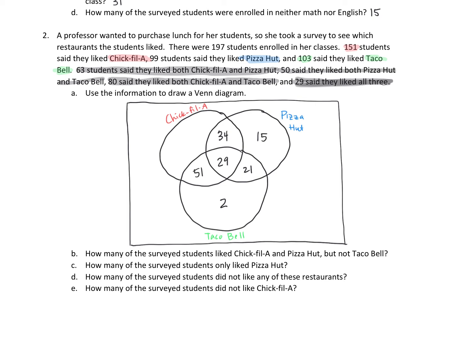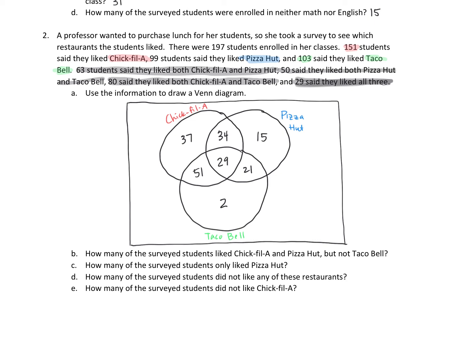So the total is 151 minus the 114 that's already there. So it looks like 37. So 37 people said they like Chick-fil-A, other than the ones that are already listed.